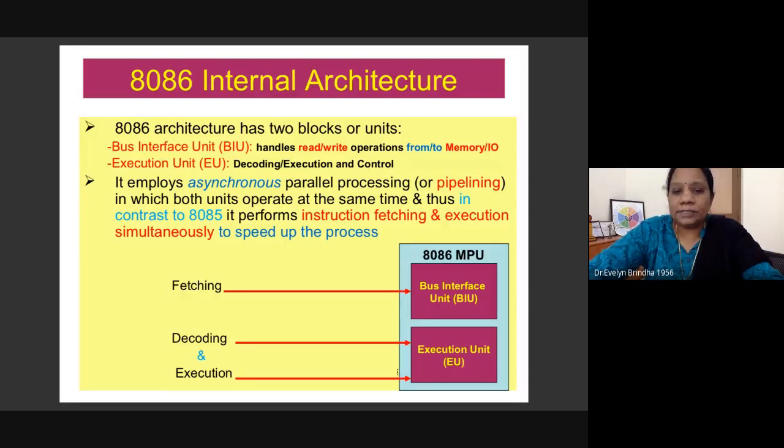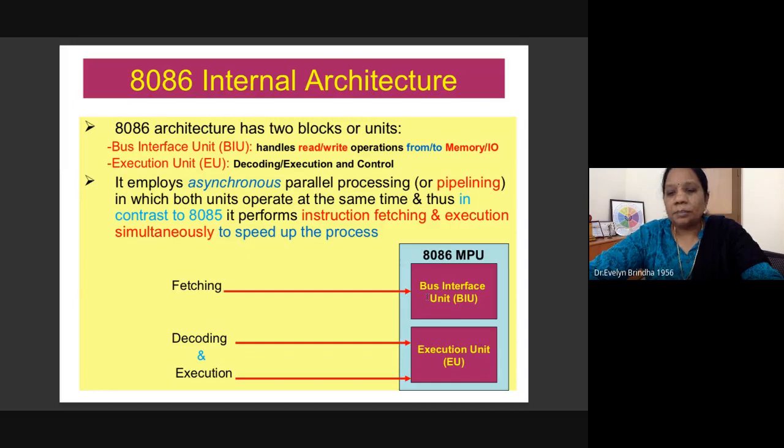Suppose the first instruction: the BIU will fetch it and send it to the EU. The EU will decode and execute it. By the time it decodes and executes, the BIU will not remain idle. It will fetch the second instruction and keep it ready.